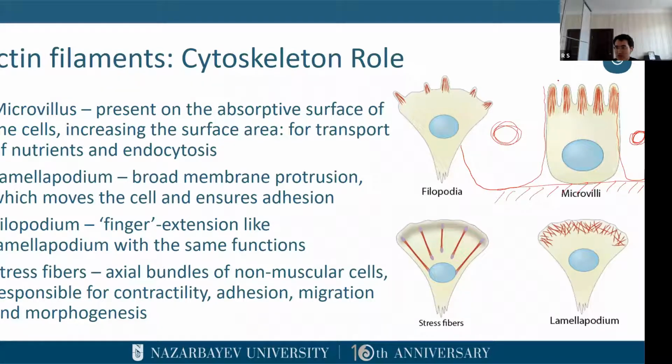Let's assume that we have some kind of nutrients here. Since the cell can sense these nutrients because it has sensing apparatus or receptors on its surface, it starts growing these microvilli to get these nutrients and uptake them.